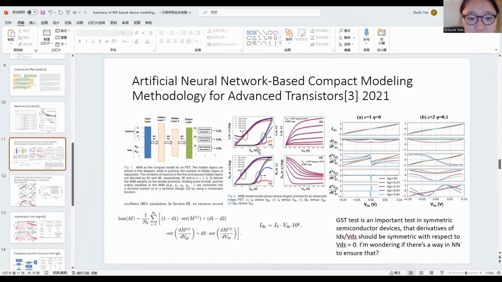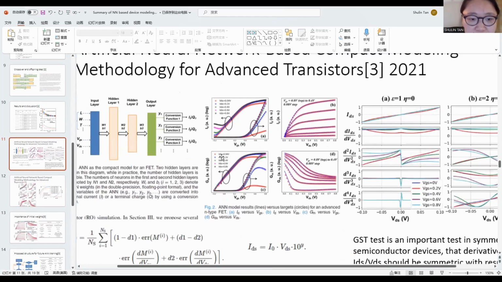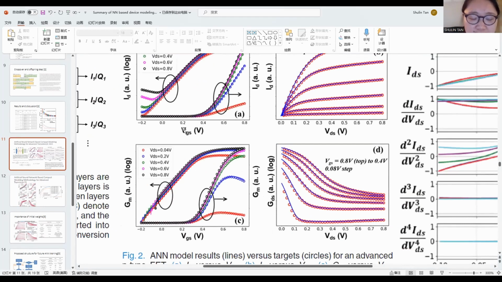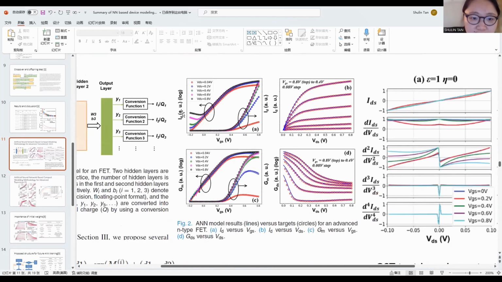The reason is that the gradient actually matters. The gradient of IDS with respect to VGS, the gate voltage, changes in magnitude by 10,000. The gradient of the current with respect to the gate voltage is called the transconductance, and it is of great importance if you want to use your channel.